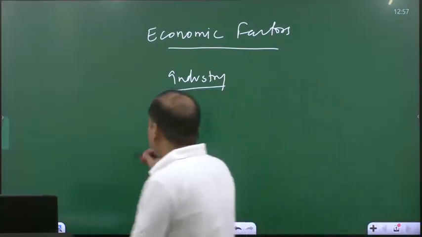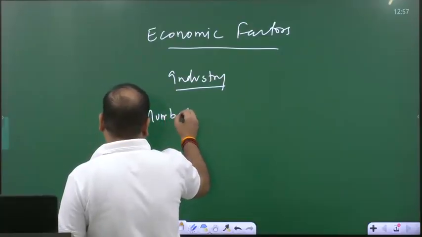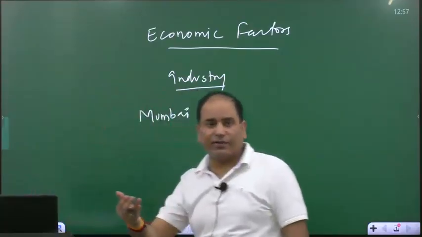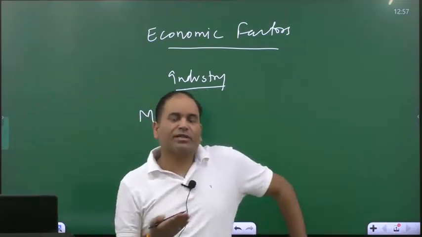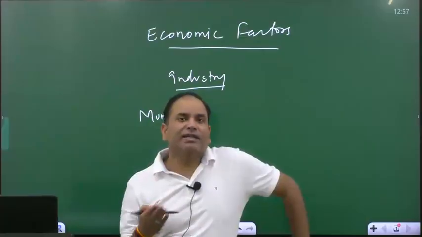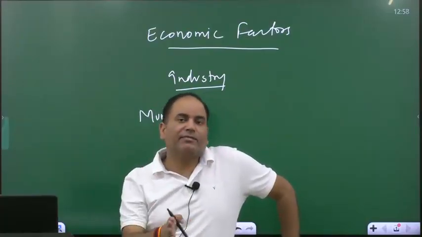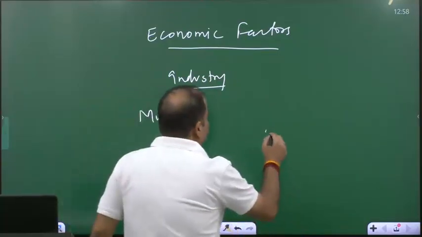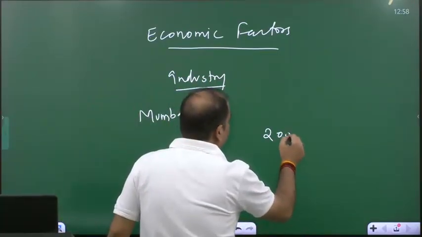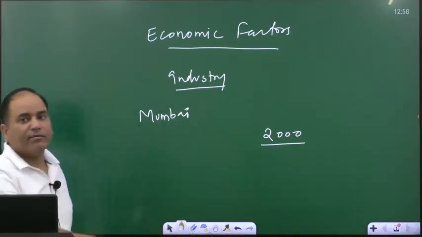Mainly which city earlier? It was Mumbai. Of course, in the early part of the 21st century, the situation has changed. But in general, till 2000, it was only Mumbai.